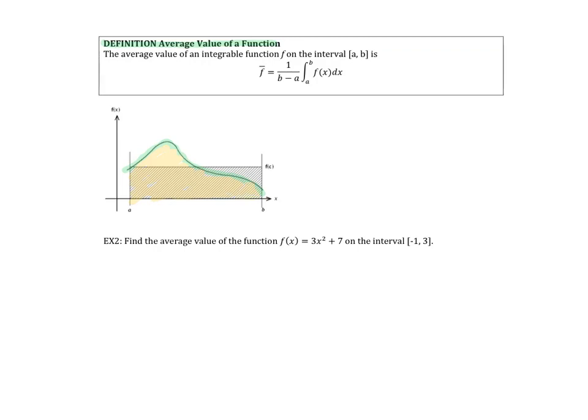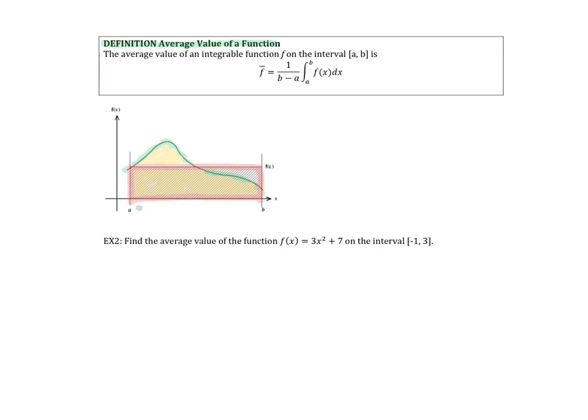And what we can do with that area is we can create a rectangle that'll give us the same area as the area between the function and the x-axis. Okay? And this rectangle will have some length and some width.